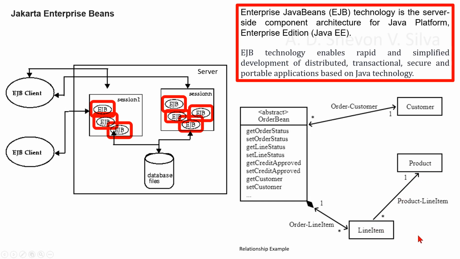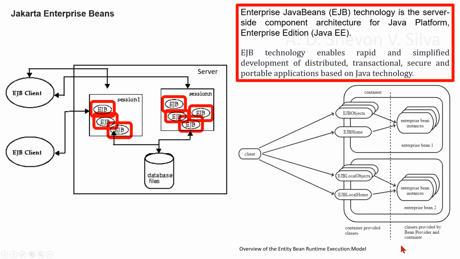Here you can see an overview of the entity bean runtime execution model. This section describes the runtime model and the classes used in the description of the contract between an entity bean and its container.